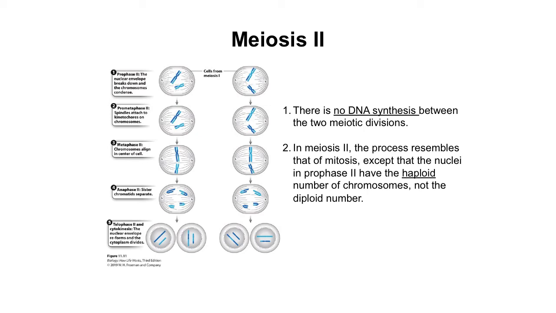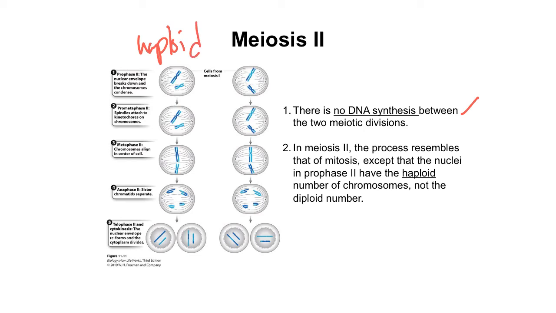You can just go through each of these beautifully illustrated and labeled steps, but this is essentially identical to the mechanics of mitosis, except that there is no DNA synthesis between the two meiotic divisions. So there is no DNA replication happening at this point. You actually start with a haploid cell dividing. That's the only thing that is different, because there is no DNA synthesis.